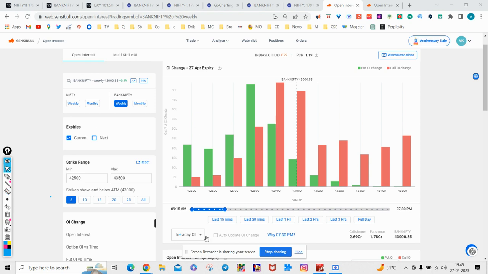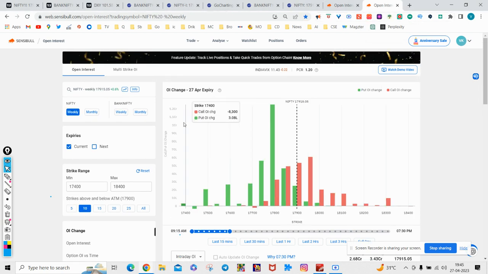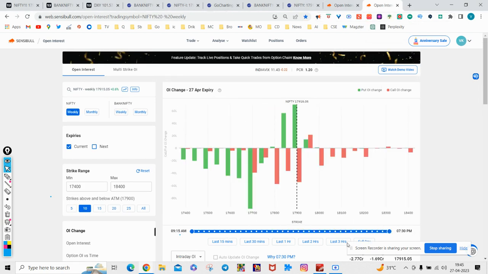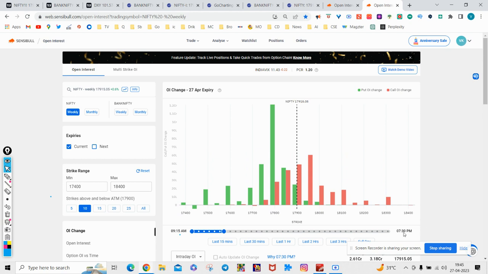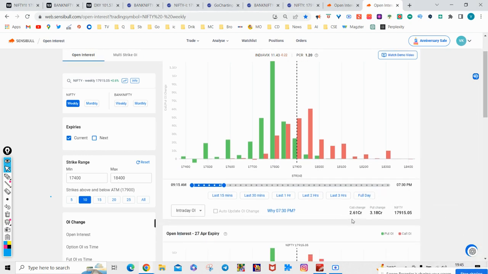Now the issue here is Bank Nifty would go for some time-based correction because Nifty was very strong. If you look at Nifty's order flow in the same time, the first hour, I can take the same 10:15, you can see that Nifty is having more put OI. Put OI is almost 3.18 crore for this 1 hour time frame compared to 2.61 crore of call.